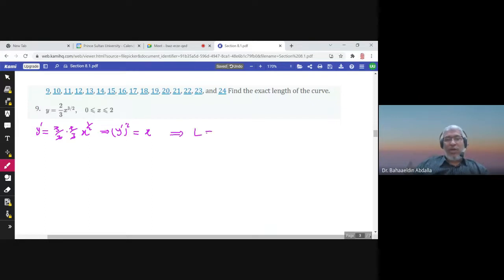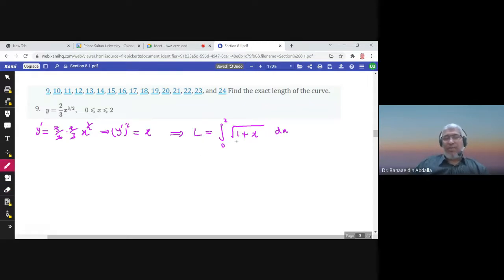So L, the arc length, would be the integral from 0 to 2 of the square root of 1 plus y prime squared, which is x squared, sorry, y prime squared is just x.